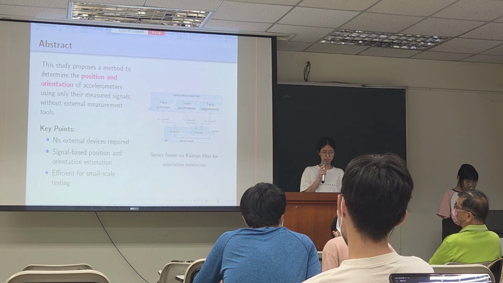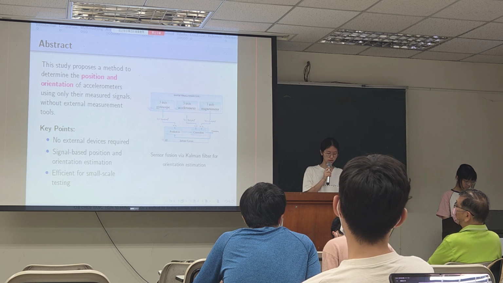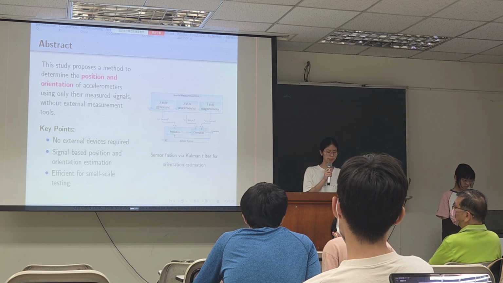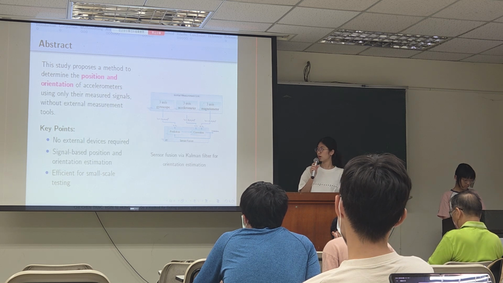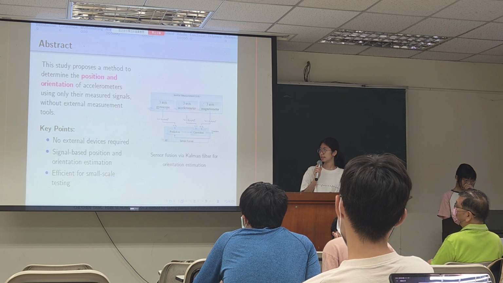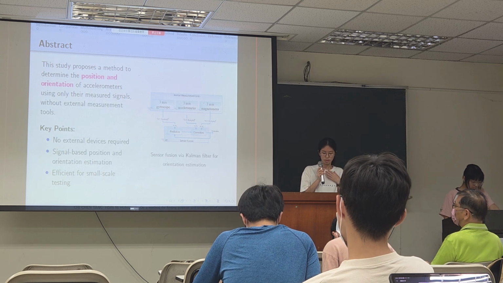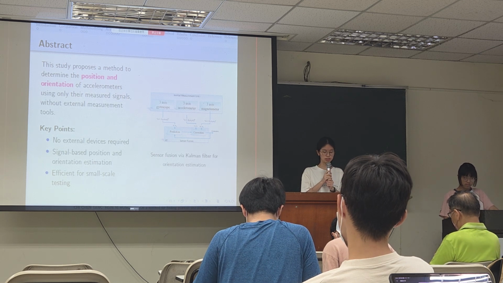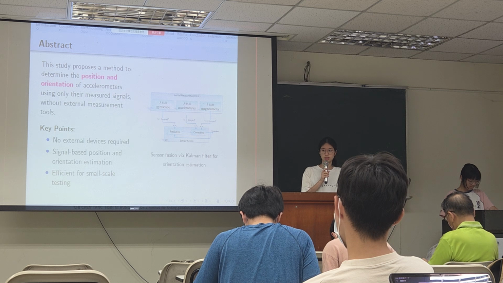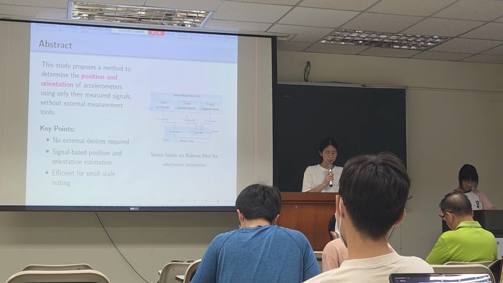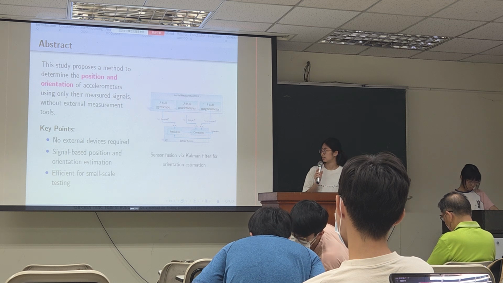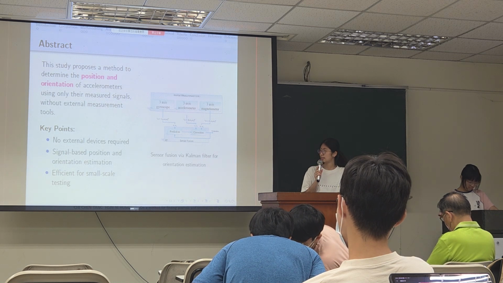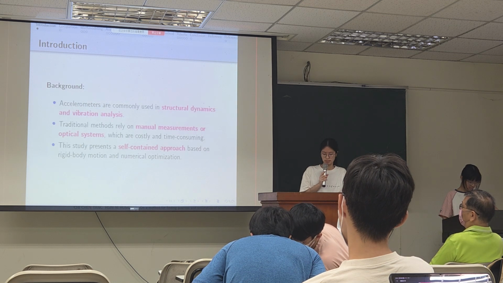Instead, we use the principle of rigid body motion and perform numerical optimization to solve the unknowns. This method is especially useful in structural dynamic testing, where many accelerometers may be employed across a surface. It provides a low-cost, efficient solution that's ideal for analyzing small-scale vibration.